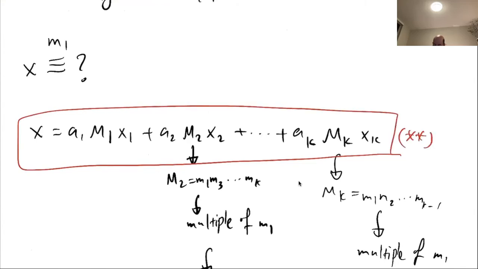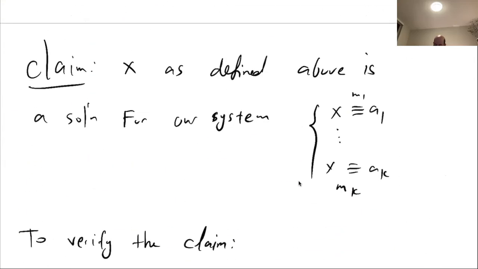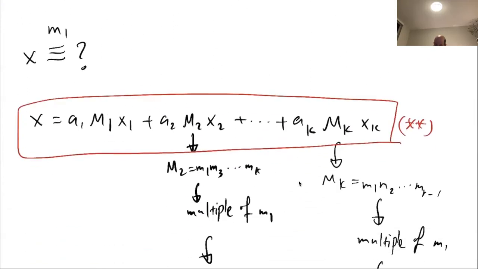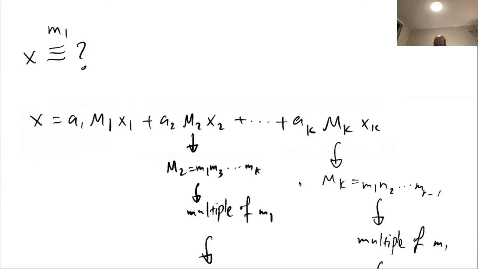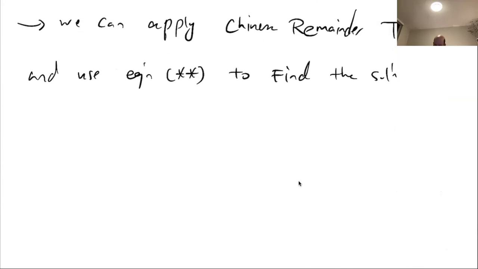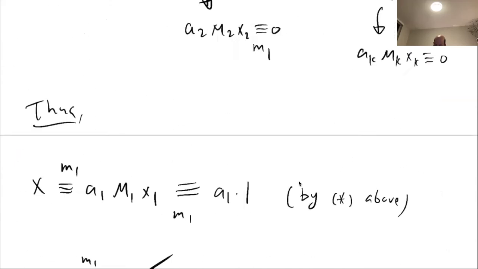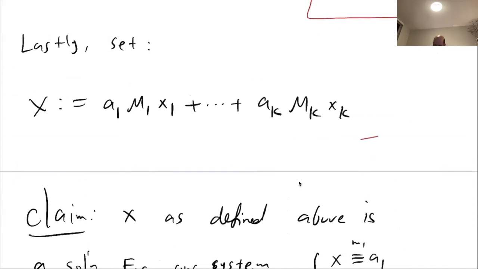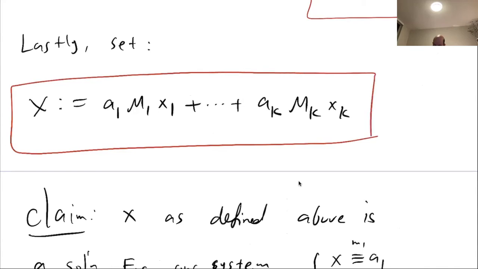So the Chinese remainder theorem, or maybe this equation appeared first above, so let me call it equation 2 star the first time it appears.